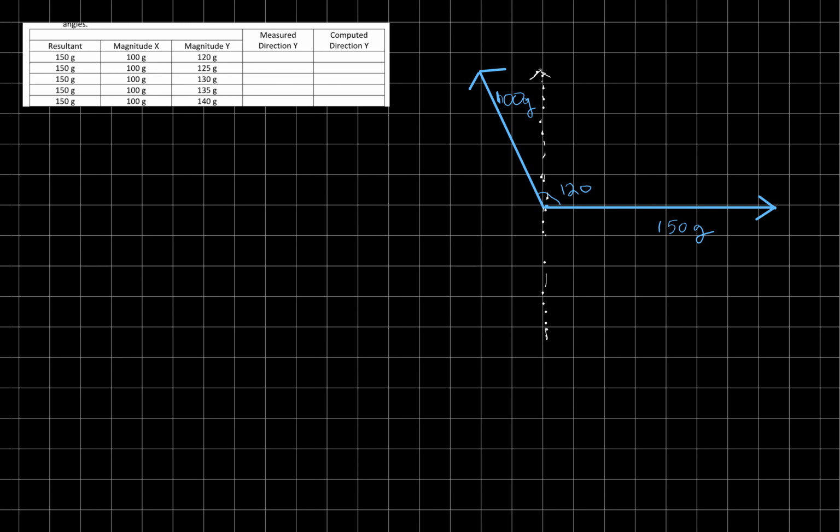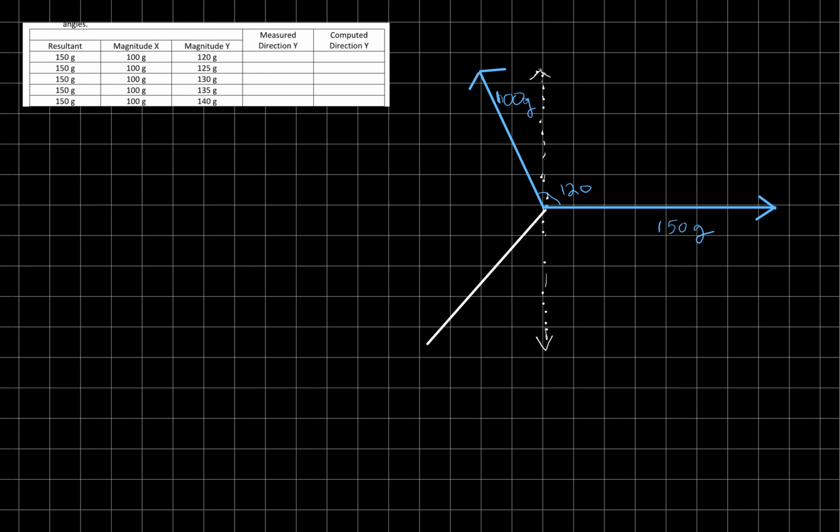So that is going to be the y component of the force in the opposite direction. That is going to be 120 in magnitude, so it's going to be somewhere around there.